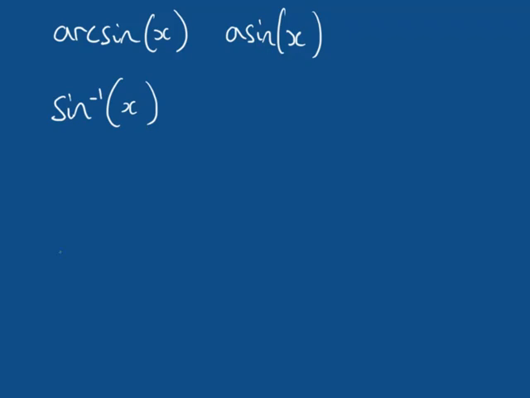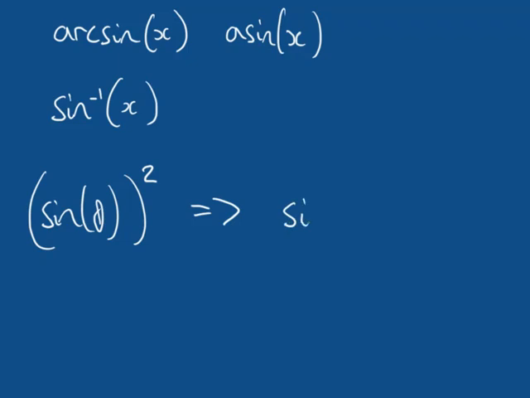So for example, if we had the sine of an angle and we decided we're going to take the result of that and we're going to square it, there's a notation that allows us to write this simply as sine squared of theta. This notation, sine to the power of 2 of an angle, means we take the sine of the angle and then we square the result. So it's the same as writing this, sine of theta, and then we take all of that and square it.